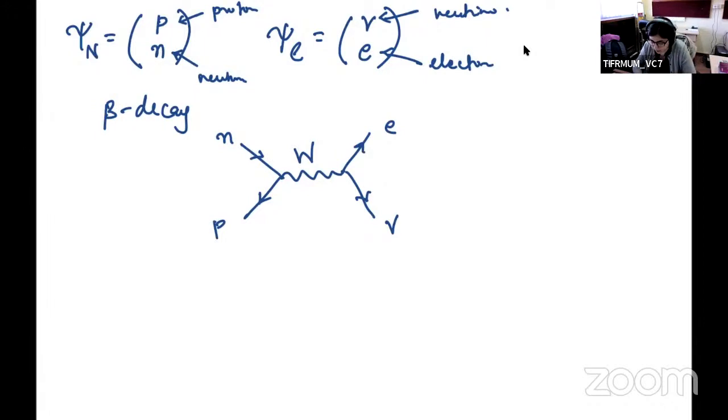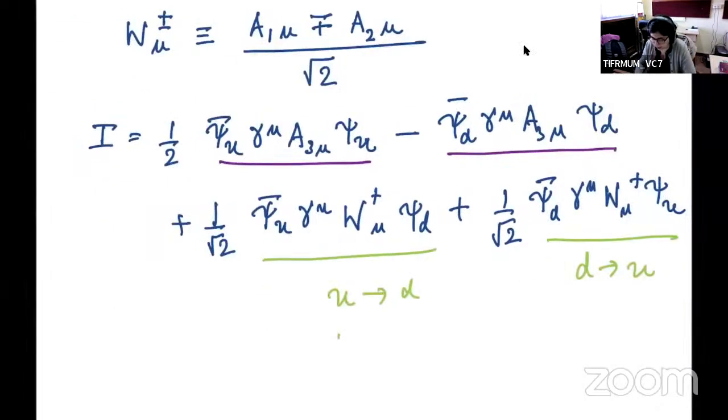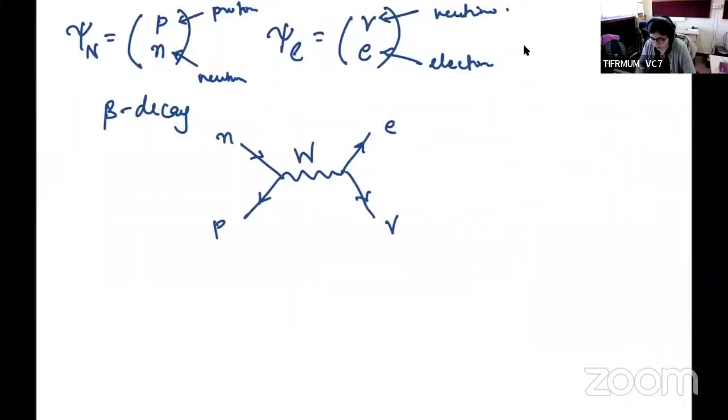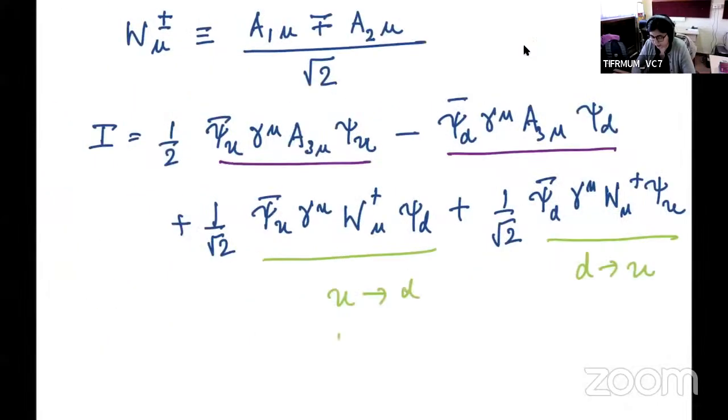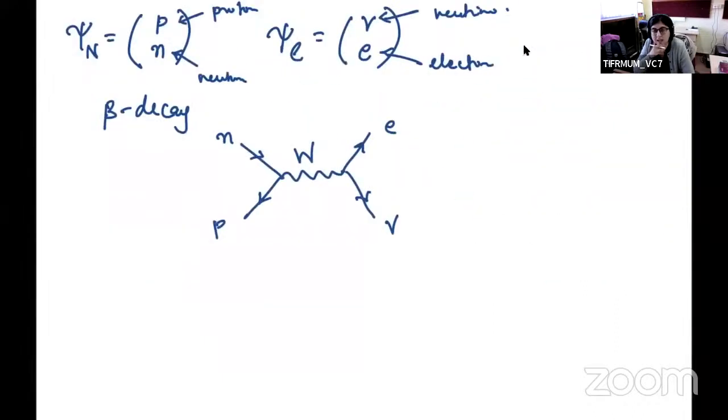However, this theory, you will notice, has another particle in there, which is the A, right? So then what can this A be? So you say, oh, but we also need the photon. So maybe the A is the photon. And at first glance, it seems fine.